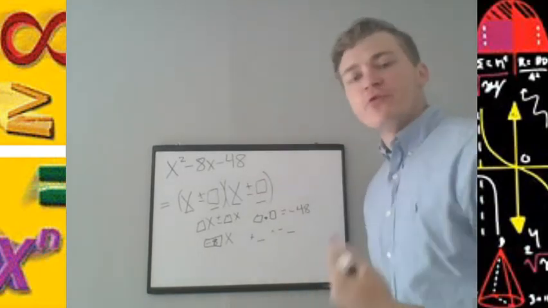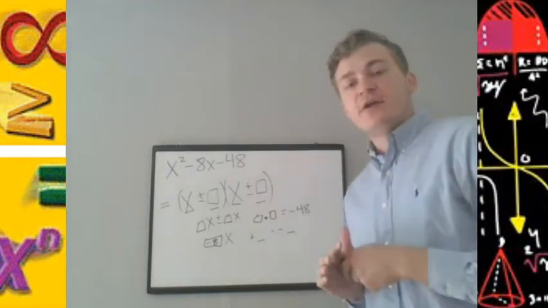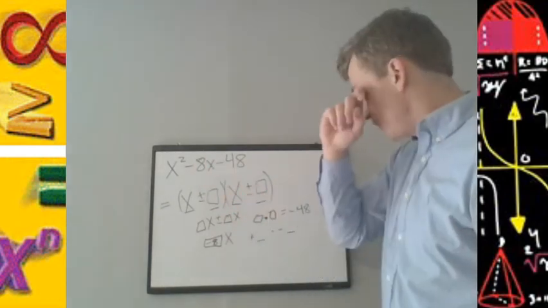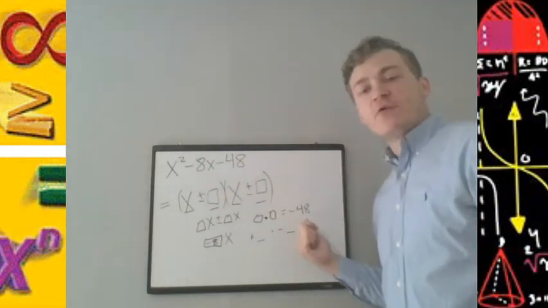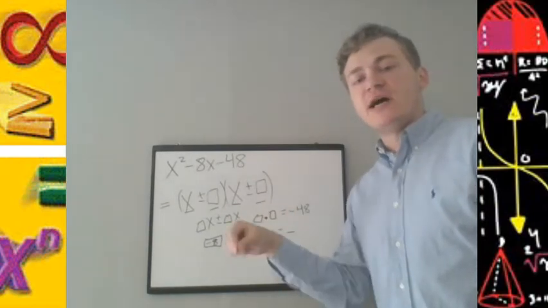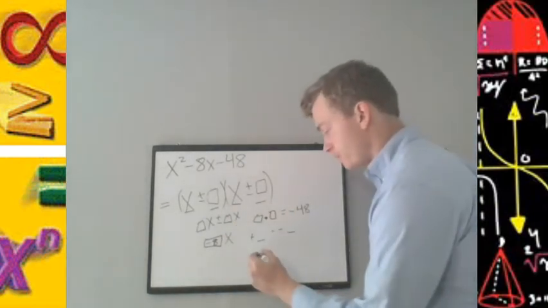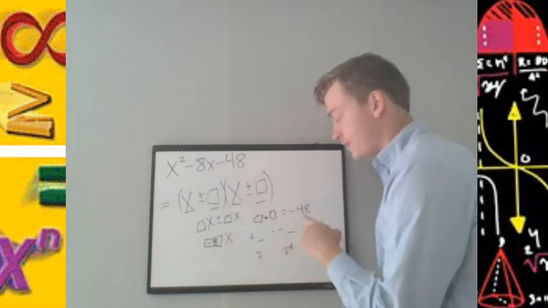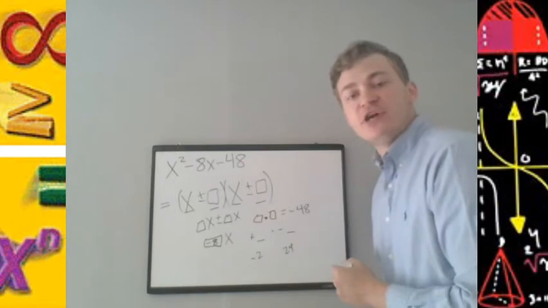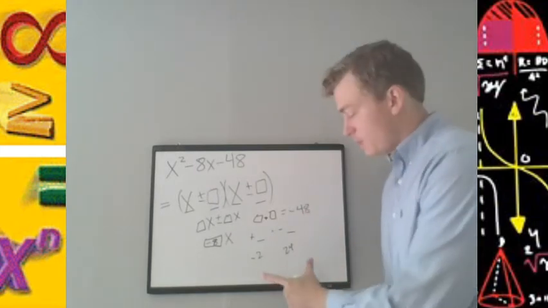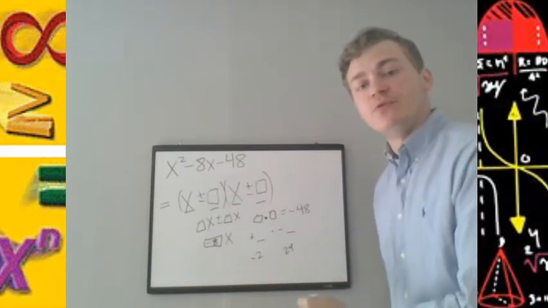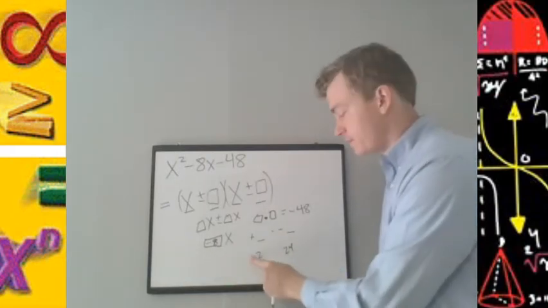So we just run through each of these possibilities until we figure it out. And if we can't, then it might be the fact that we cannot factor this trinomial. Other factors of 48. 48 is even, so it's divisible by 2. 2 times 24. Now this is negative 48, so we need a negative factor in here. Negative 2 times 24 is negative 48, but these two combine to give us positive 22. That's not negative 8.